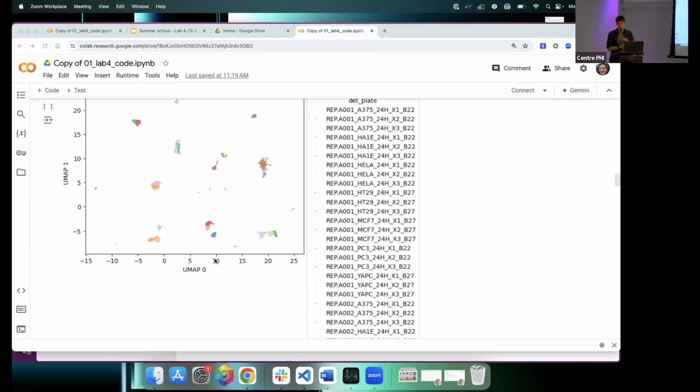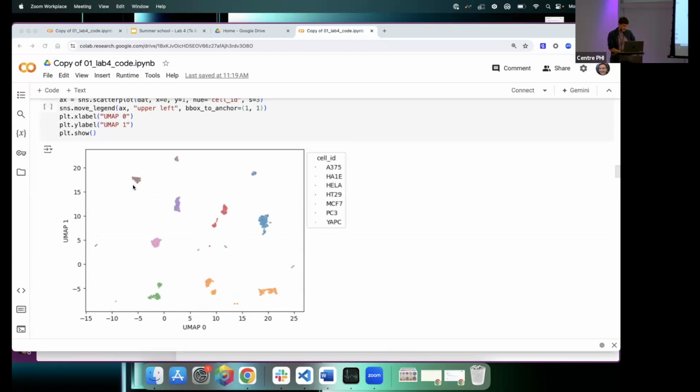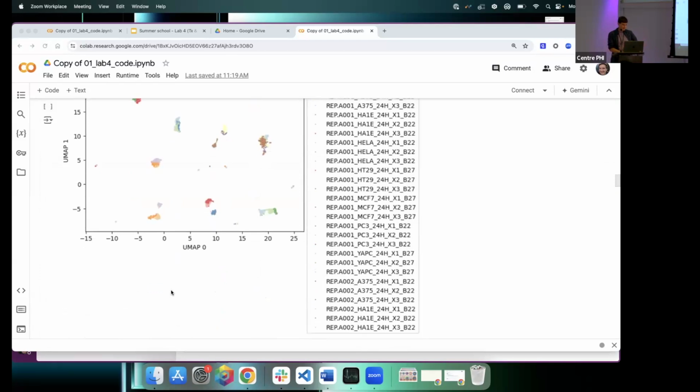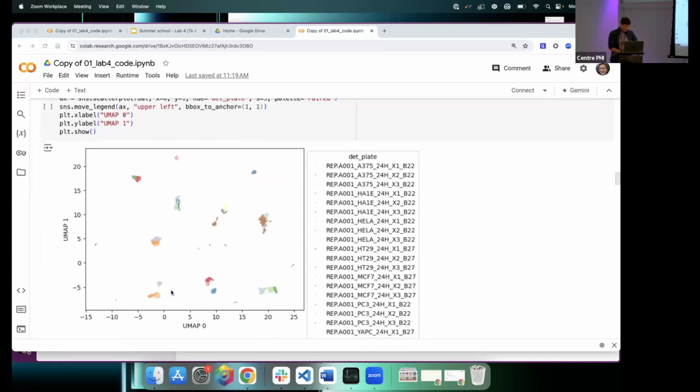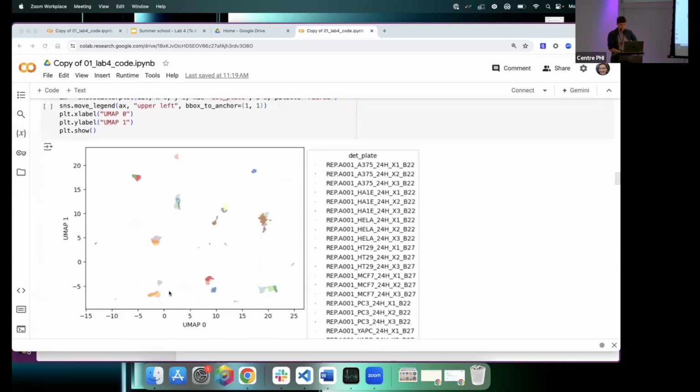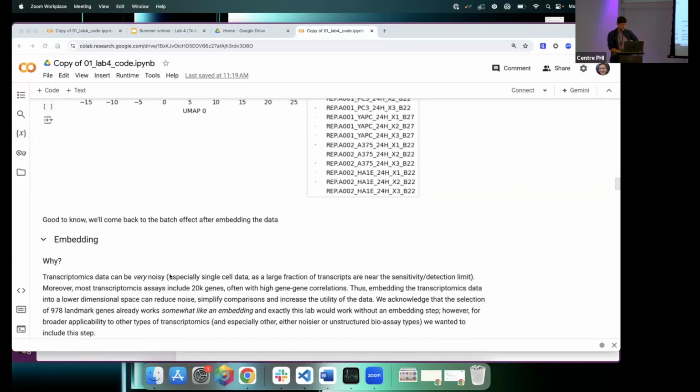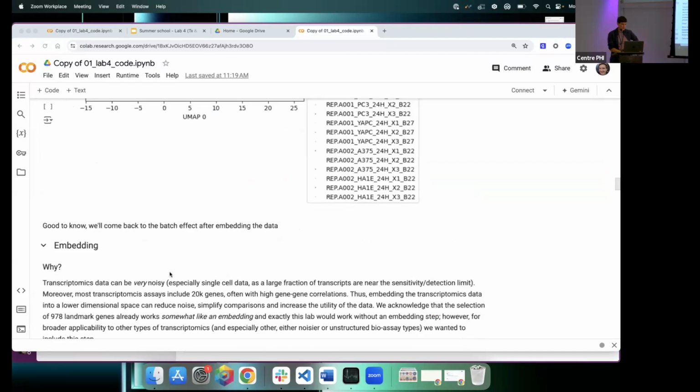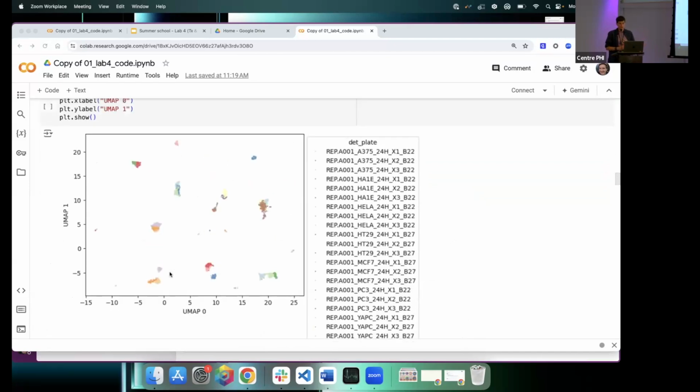So we know cell type has a huge effect, and within these cell types, like this green one here, HeLa cells, I think, you can see that the experimental batch, the exact plate, also has a huge driving effect. So there are various ways you can do any form of batch correction.